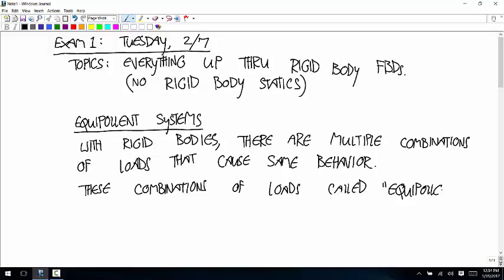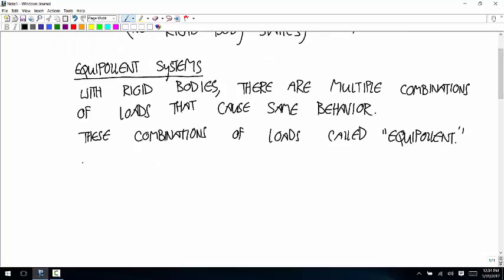We've seen one example of this already. We've already seen this with couples. Remember, a couple is really a pair of equal and opposite forces acting at a distance from each other. But the way we treat them is as if it's a pure moment.